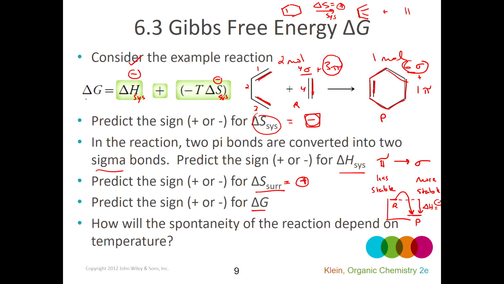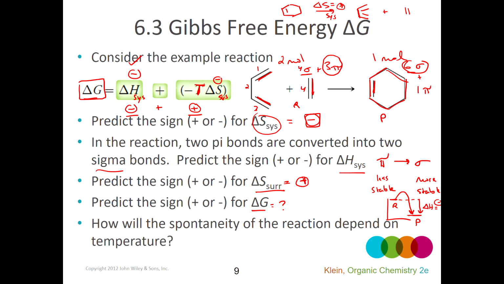Well, to get the sign for delta G, we've got to look at this formula. We've got a negative value here, and we're adding to that a negative times a negative, which is a positive. So when I add a negative number to a positive number, the sign of the answer will depend on the size of those numbers. So I can say, I don't know the sign for delta G, but I can say how the sign for delta G will change if the temperature changes, because the temperature is in this formula.